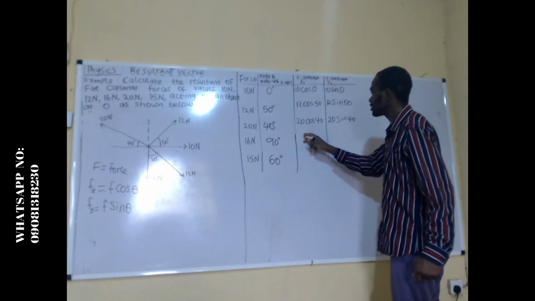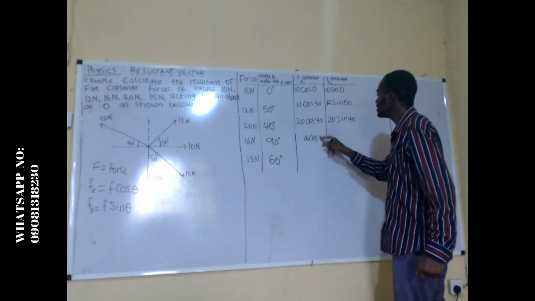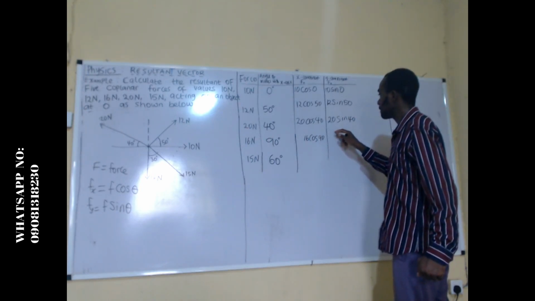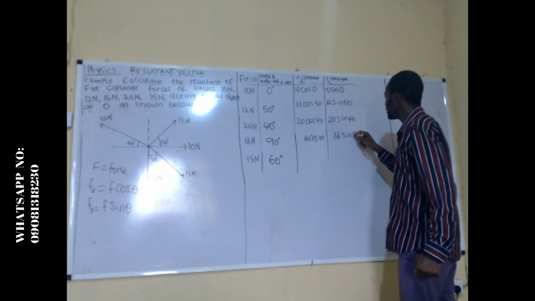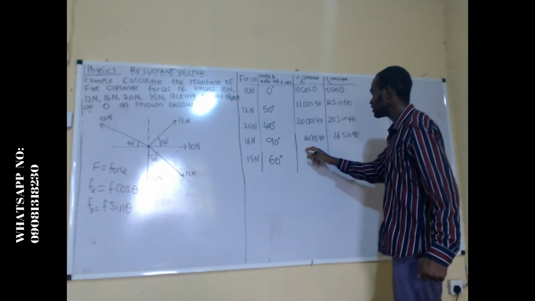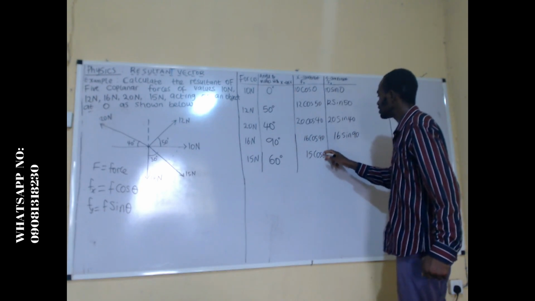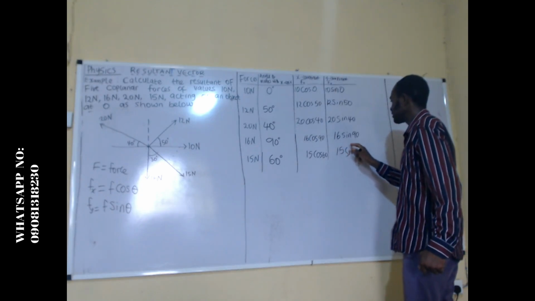This is 16 cos 90, and this is 16 sine 90. The last one is 15 cos 60 and 15 sine 60.